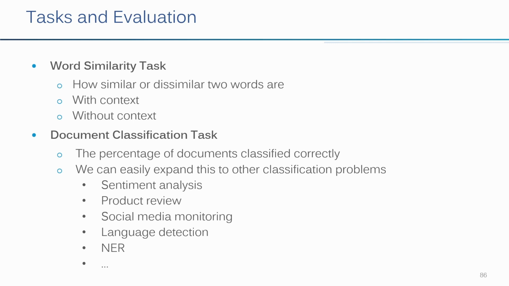And the more complex tasks go in this direction, and this is more useful for us. And document classification, we can extrapolate this to a bunch of different tasks like sentiment analysis, product review, social media, intent recognition, language detection. All of this in the end is classification. And we'll take a look at some datasets that we have available.